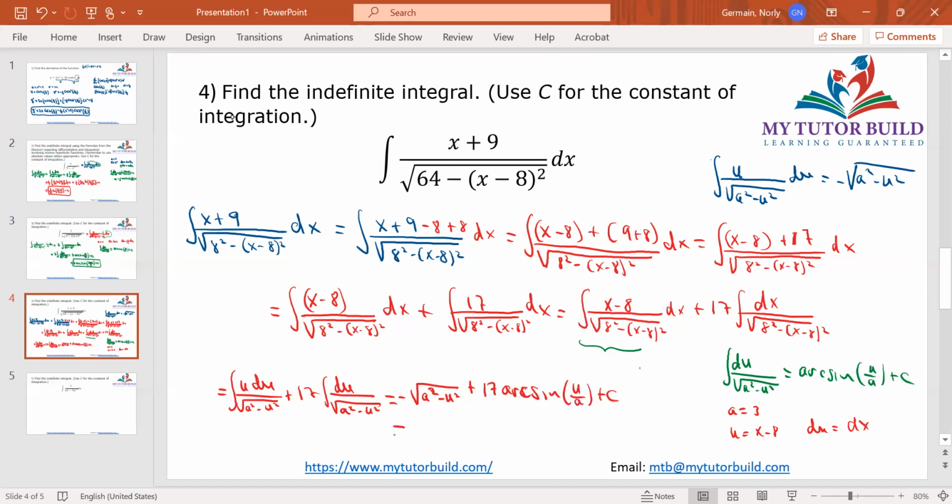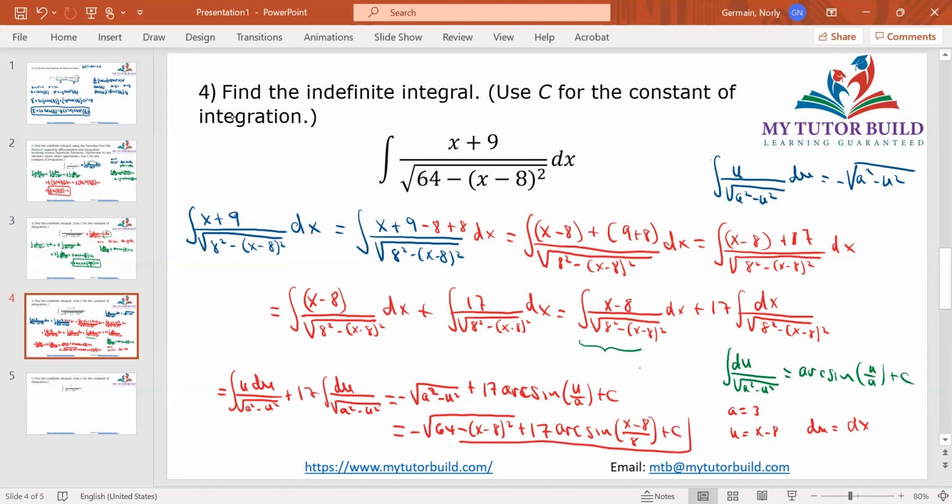So when we replace everything, we're going to have square roots of 64 minus x minus 8 square plus 17 arc sinus x minus 8 over 8 plus c.